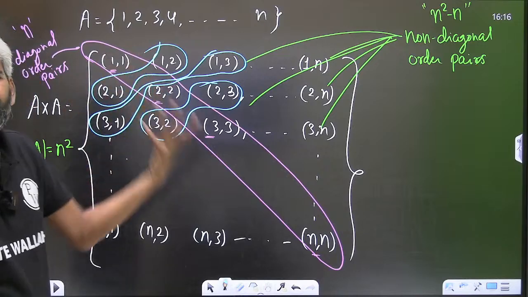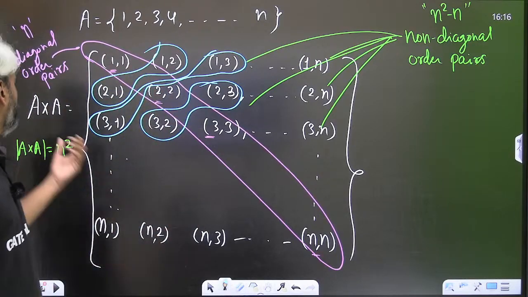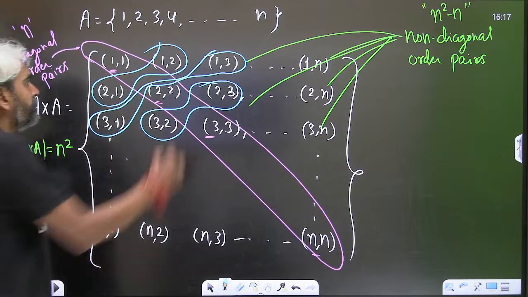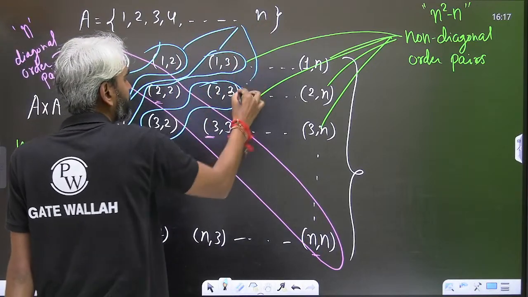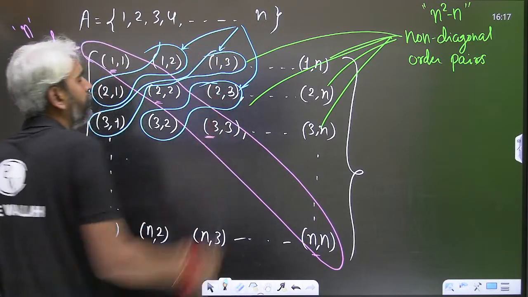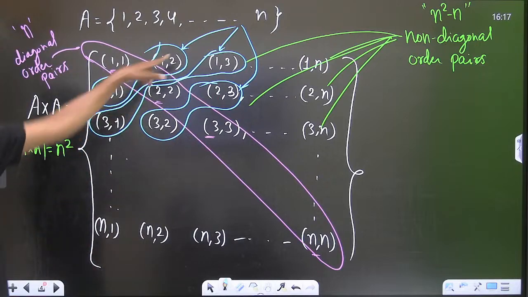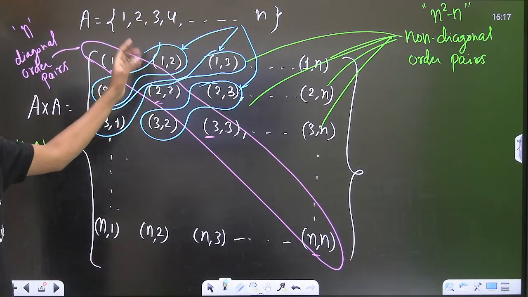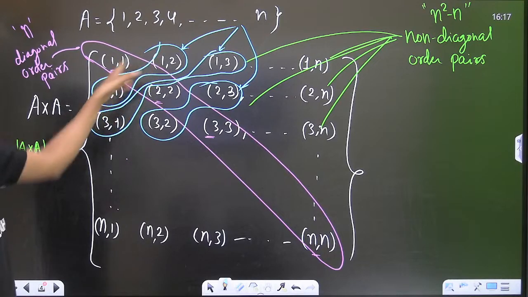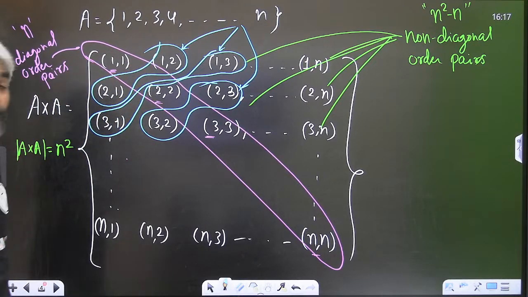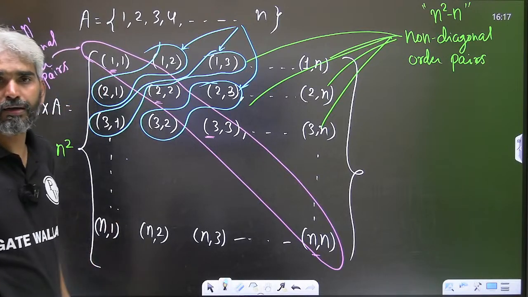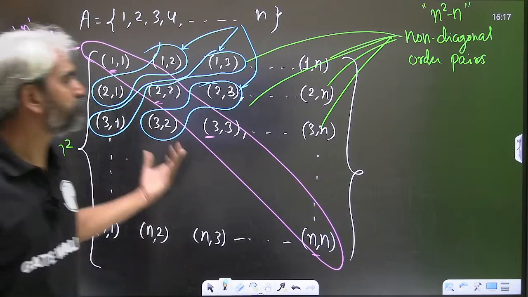So let me define a new terminology: these are the non-diagonal ordered pairs. Now, this individual thing can be seen as a symmetric pair of non-diagonal ordered pairs. So these two things will make a pair and these two are symmetric. How many symmetric pairs are there of non-diagonal ordered pairs?